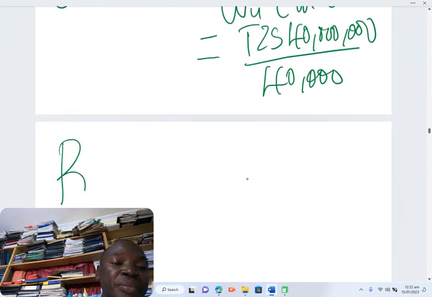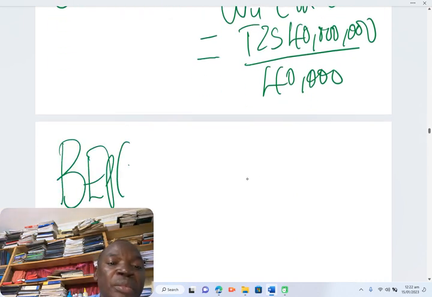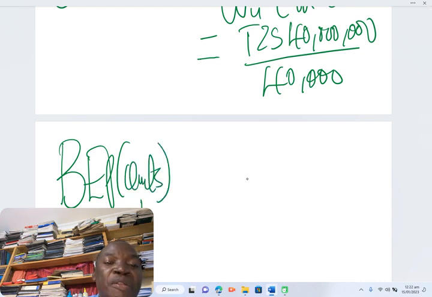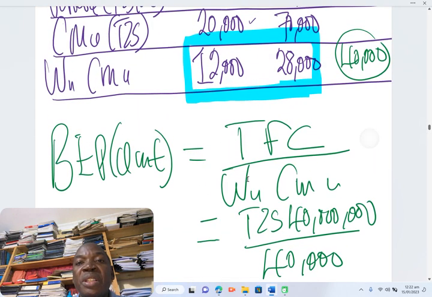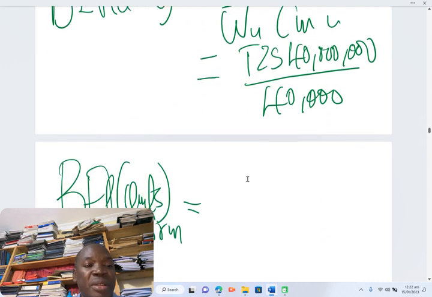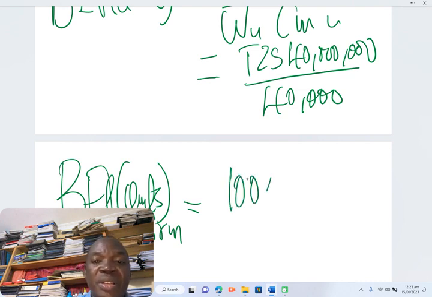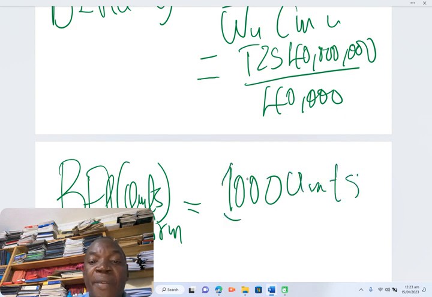So BEP in units for the firm equals 40 million divided by 40,000, which is 1,000 units. So this is the break-even point in units.